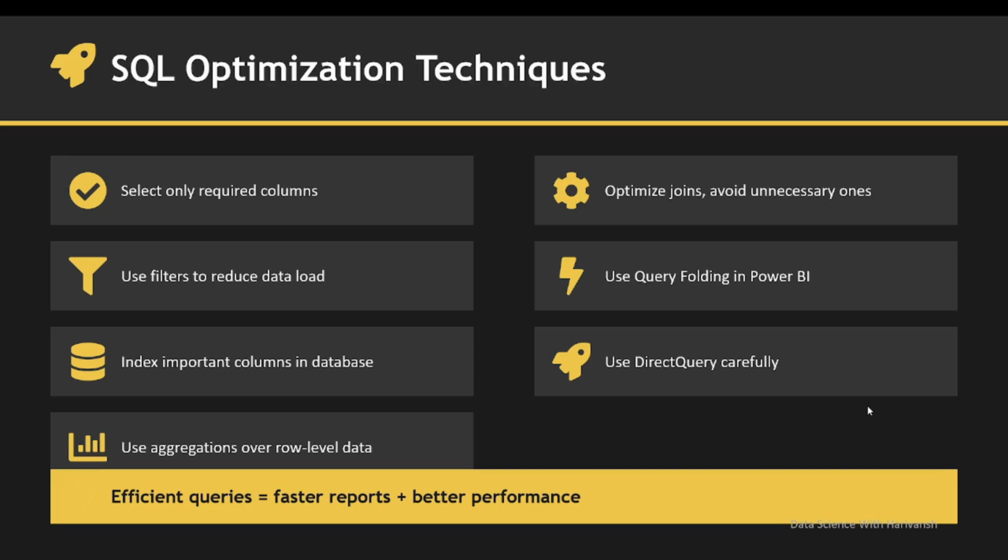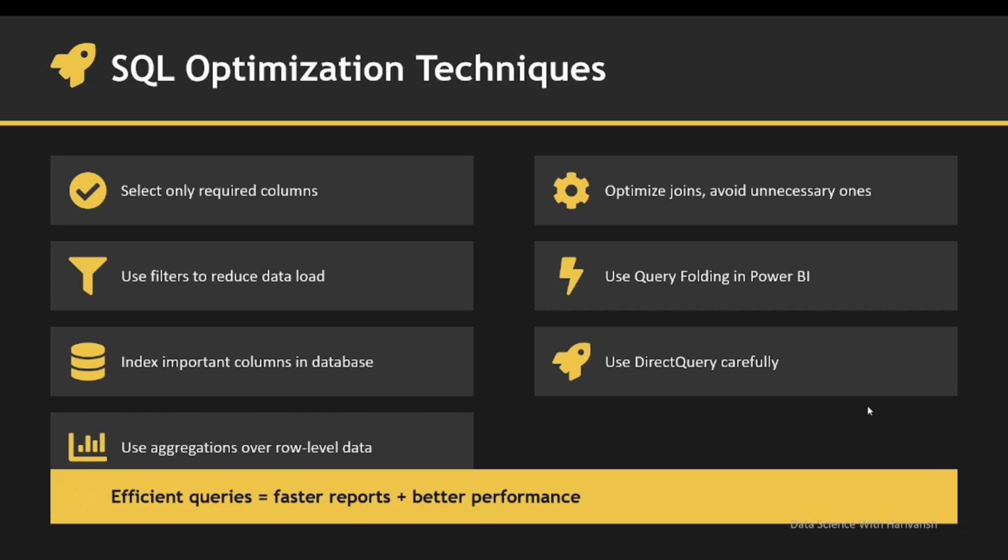For example, if your report only covers the last 2 years of data, add a date filter in your SQL query so that only 2 years of records are imported, rather than importing 10 years of historical data and filtering it afterwards. The principle here is simple. The less data you bring into Power BI, the faster everything becomes, from data refresh times to visual rendering speed.